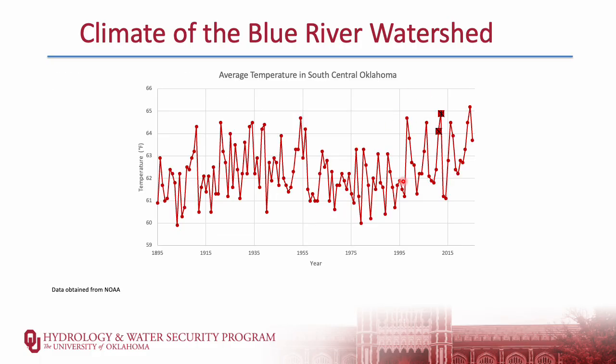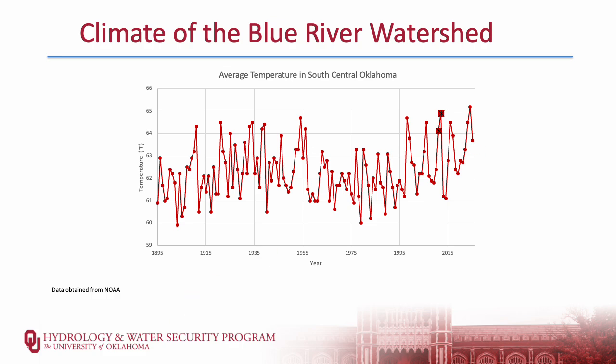Okay, and here's a quick visual of the average annual temperatures in south central Oklahoma. As you can see here, the red boxes with the black X inside are the 2011 and 2012 average annual temperatures in south central Oklahoma. And as you can see, they're not the highest temperatures in this climate region for the time series.